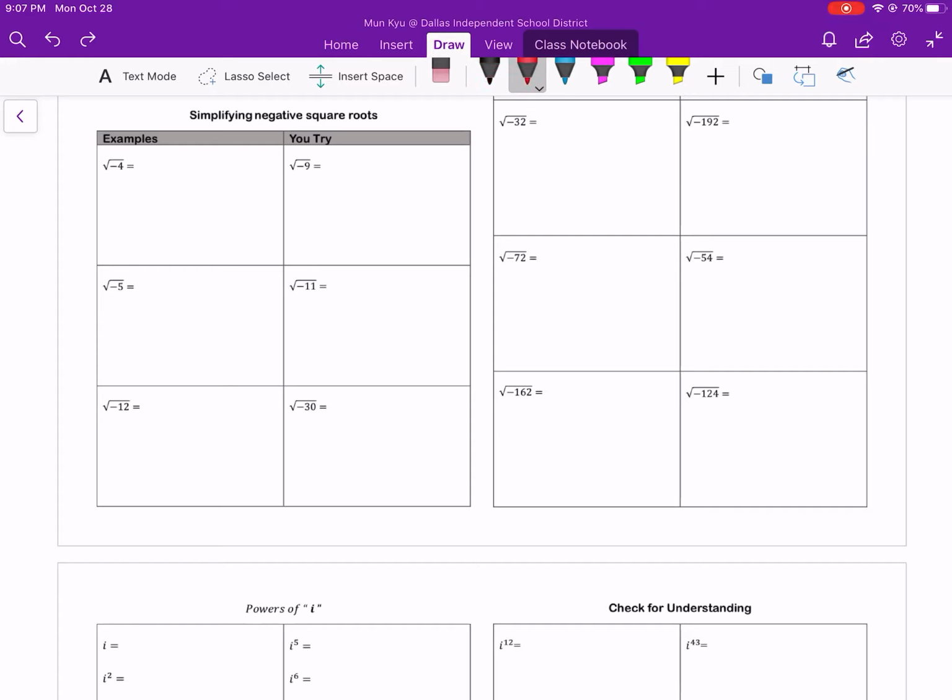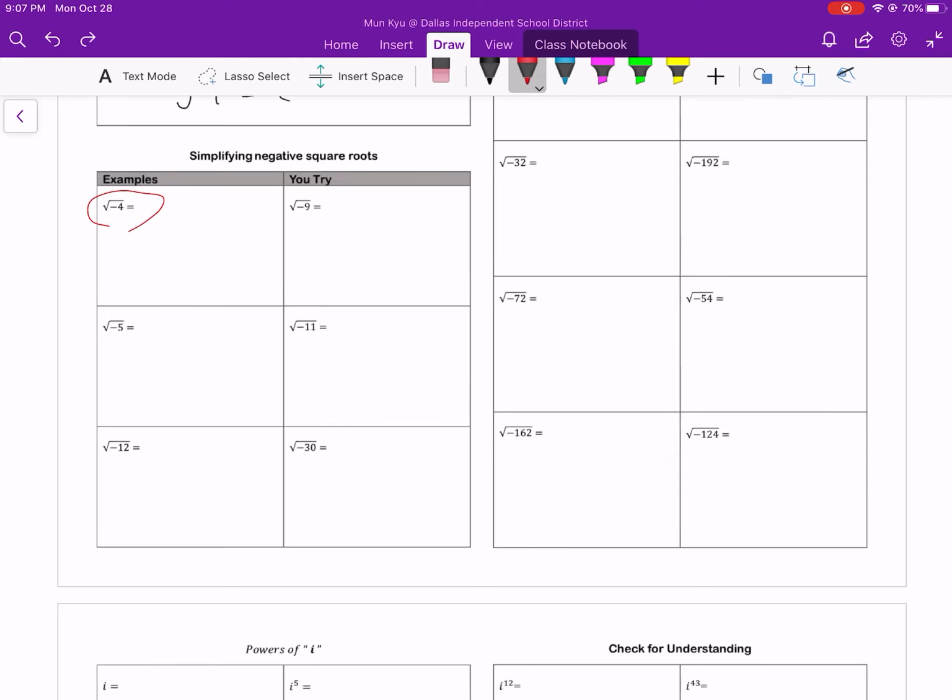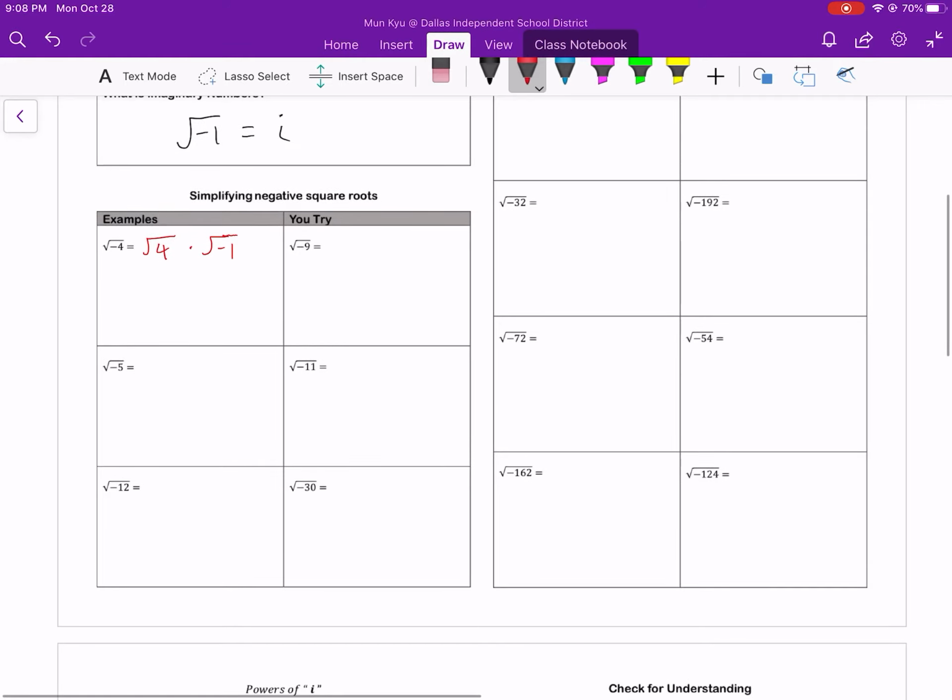If you look at it, here we have the square root of -4. And this can be broken down into the square root of 4 times the square root of -1, because -1 times 4 gives you -4.